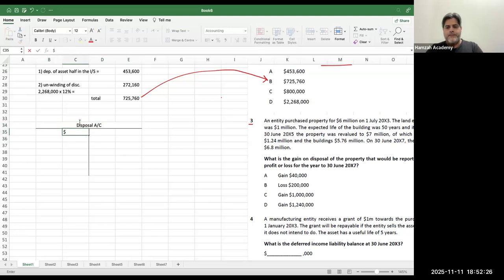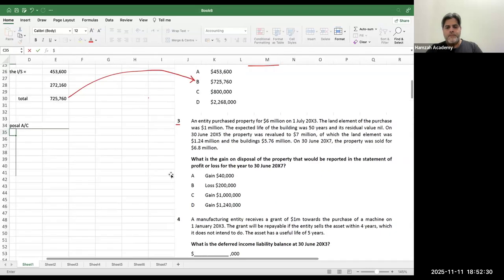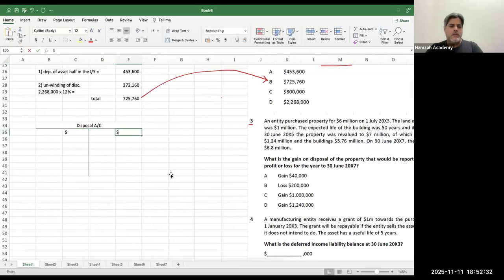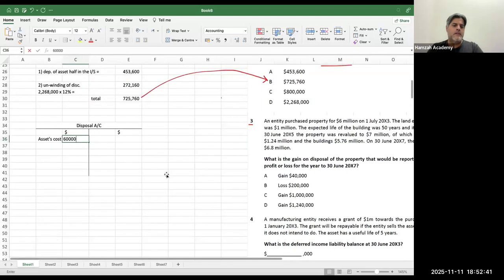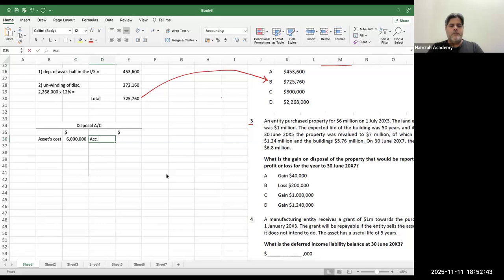If I take it up over here, this is going to be the asset's cost. So this is the total value of the property, 6 million. I have to have the accumulated depreciation over here. The cash proceeds are over here.